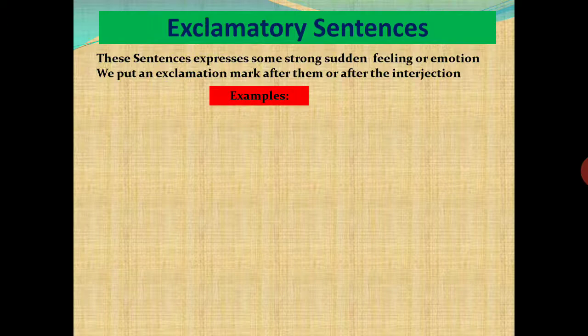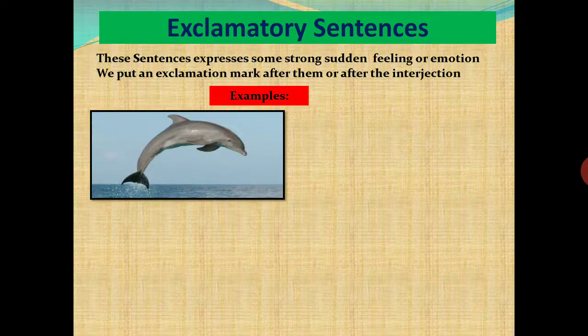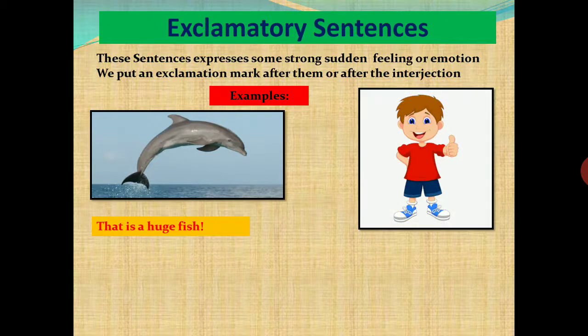Let us look at the examples. Our first example is, what do you see in this picture? Okay, you see a fish. So the sentence is, that is a huge fish. Now over here, I have expressed my feeling by looking at the fish. I say, oh, that is a huge fish. And I make use of an exclamation mark.